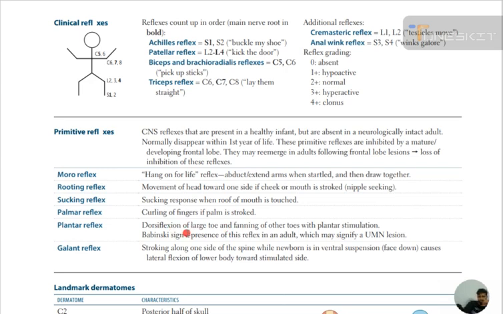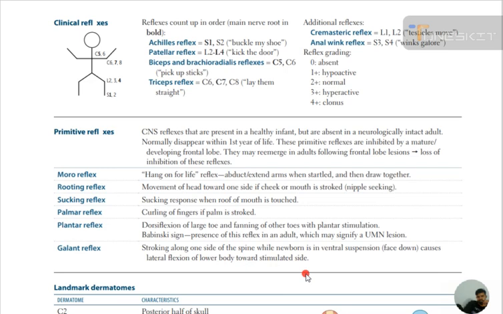Babinski sign, present if this reflex is seen in an adult, which may signify an upper motor neuron lesion. Galant reflex, stroking along one side of the spine while newborn is in ventral suspension face down causes lateral flexion of lower body towards stimulated side.